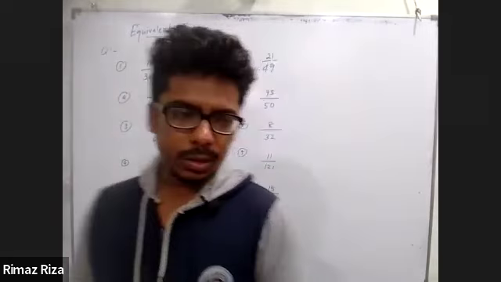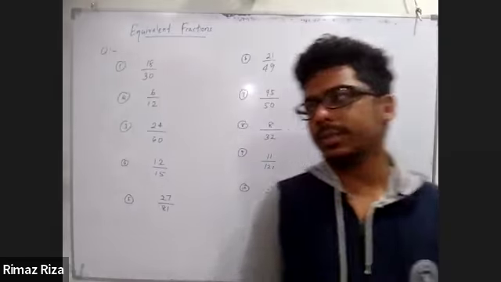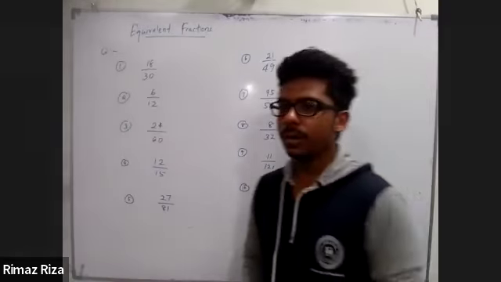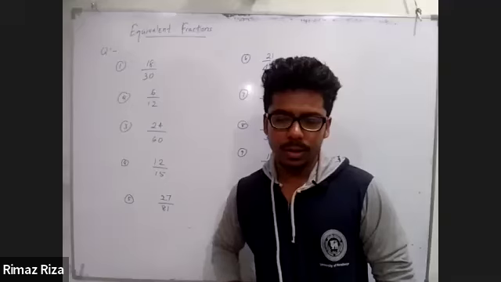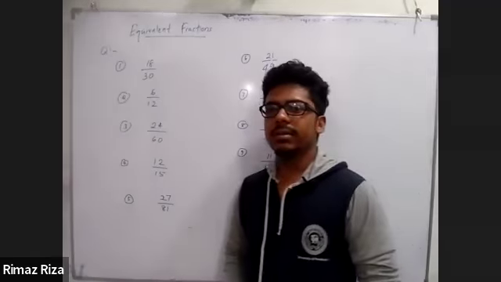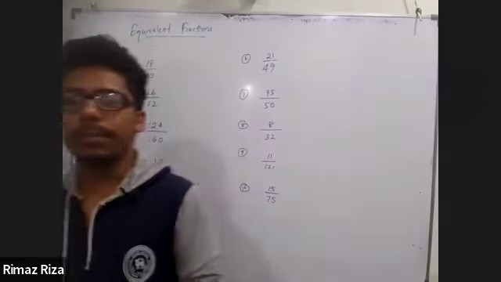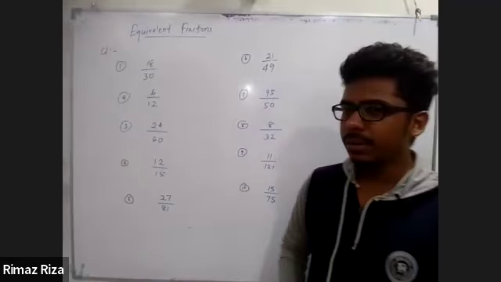In order to do addition and subtraction, you should know about LCM, least common multiple. So in order to understand least common multiple, you should know prime numbers. So in the next class, I will be teaching you what prime numbers are.